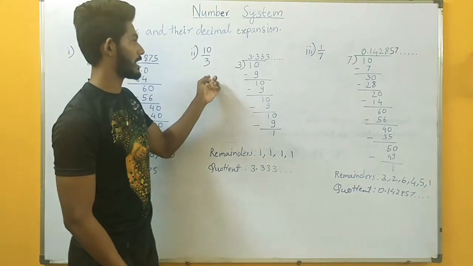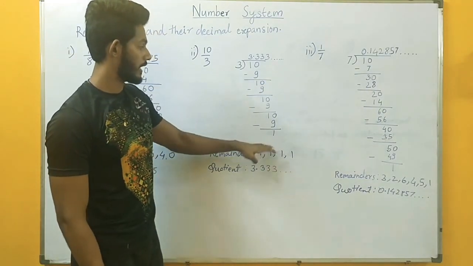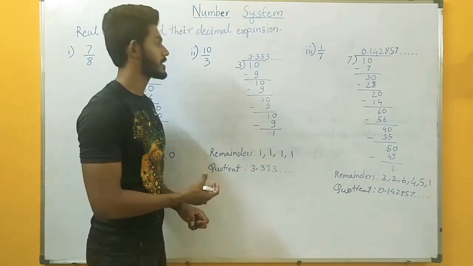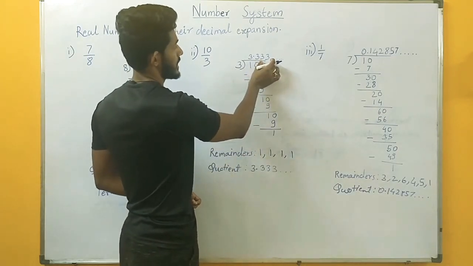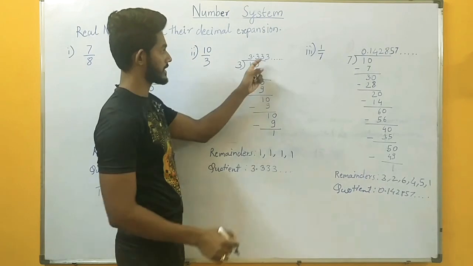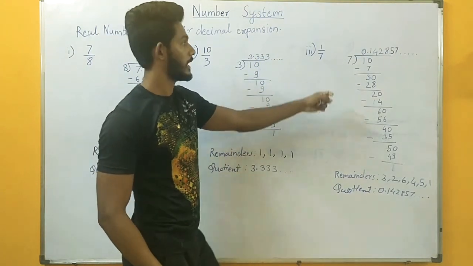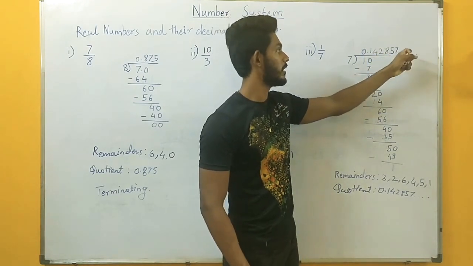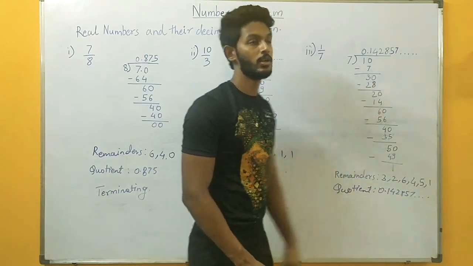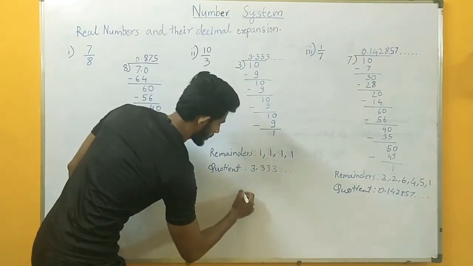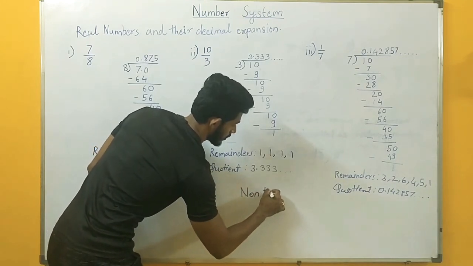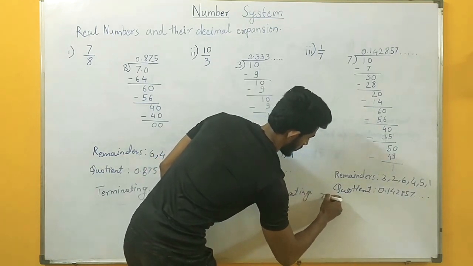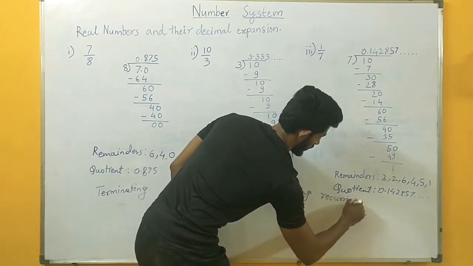And whenever in the decimal expansion of a rational number we are getting remainders as 1, 1, 1 and it goes on continuing, that means if we find repeating blocks of digits in the quotient, like in this case we have 3.3333, over here 0.142857, then again 142857, such examples are called non-terminating recurring.